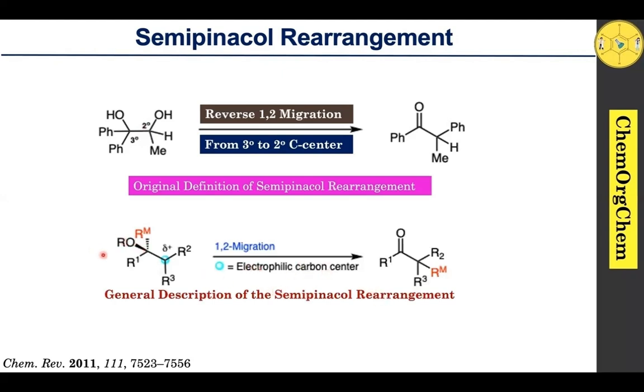Mechanistically, all such processes share a common reactive species, that is, an electrophilic carbon center, including but not limited to carbocations, vicinal to an oxygen-containing carbon. Here you see, vicinal to the oxygen-containing carbon, that can drive the 1,2 migration of either a carbon-carbon or carbon-hydrogen bond in order to generate the corresponding carbonyl compound.